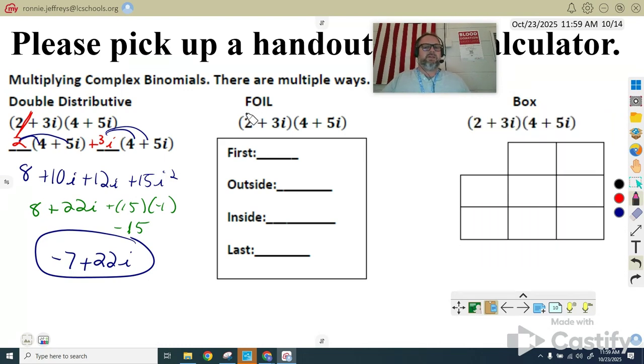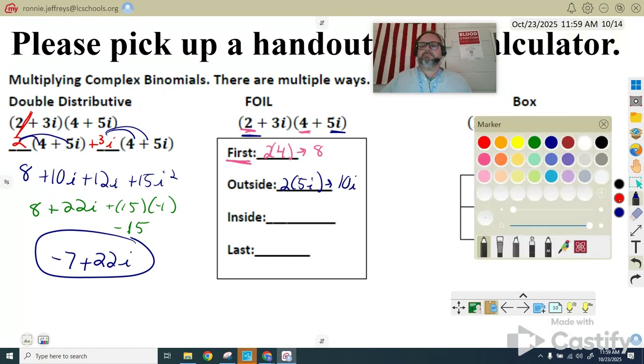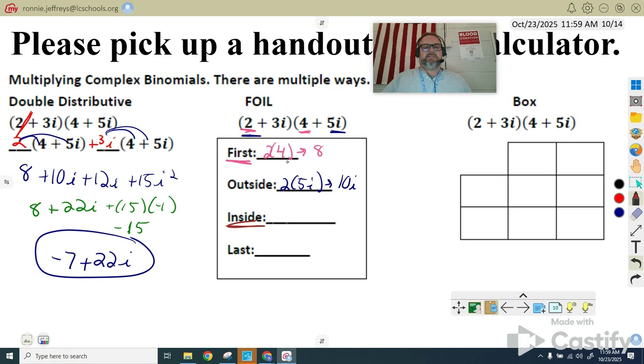So in FOIL, it's an acronym, stands for first. So the first terms you would multiply: 2 times 4, and get 8. Okay. The outside terms, well, as you look at it, it's the 2 on the outside. So this would be 2 times 5i, which is 10i. Then the inside, that would be these two.